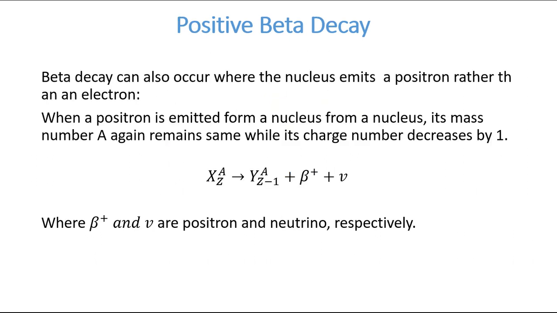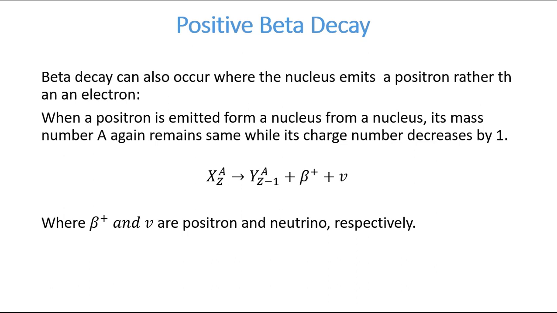In positive beta decay, the scenario is a little bit different. The positron is emitted from the nucleus, and the mass number A again remains the same, while the charge number decreases by 1.